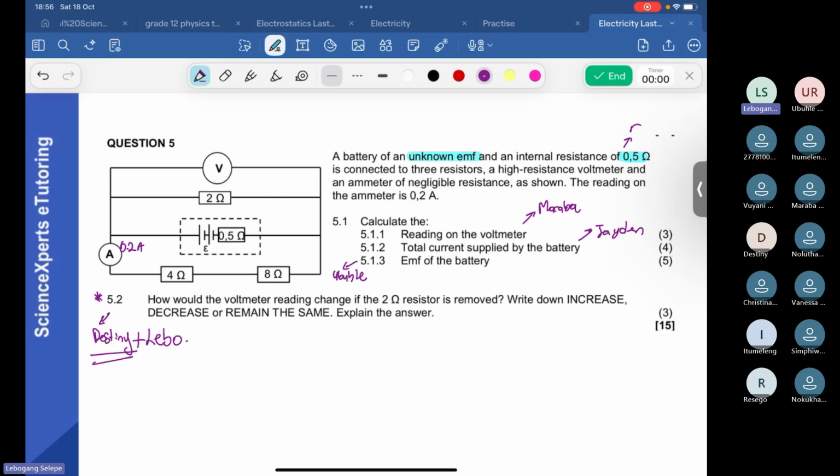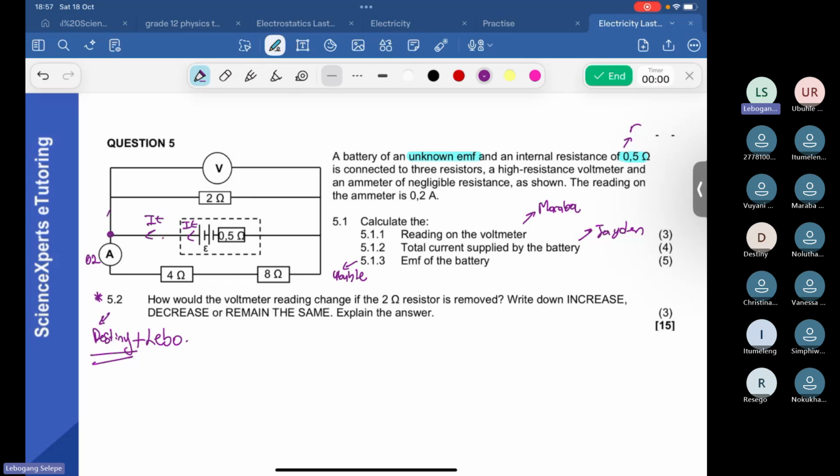As you can see, this would be our internal circuit, then the remaining 3 would be our external circuit. How would current flow here? Let's show with the arrows. Current would go out of this positive terminal as the total current, and it would pass here as the total current. Then when it gets here, it needs to divide, right?